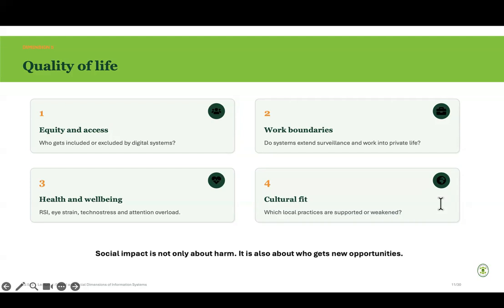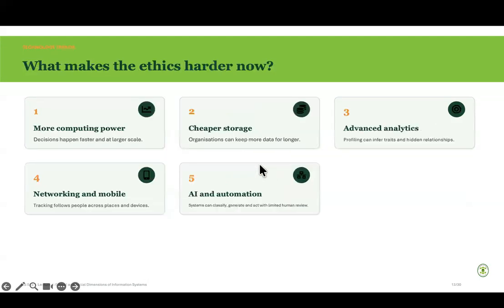And so the ethical question is whether the benefits and burdens are fairly distributed. An information system should not be called successful because it works for the easiest users. We must always ask who is excluded, who pays the hidden cost, and what alternatives remain available for others.